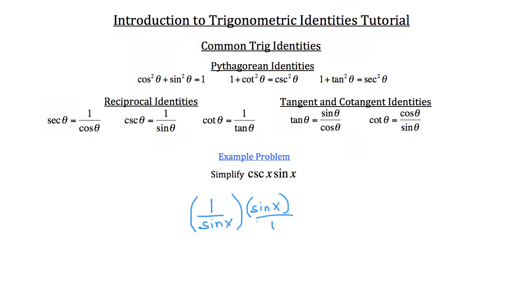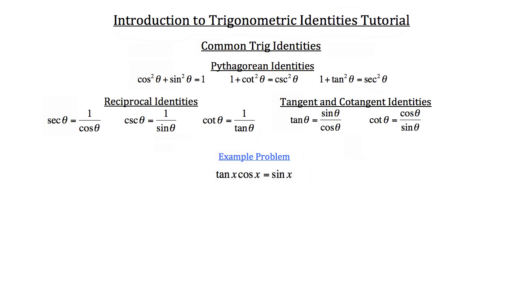So you could write sine of x over 1 if you wanted, and what you'd notice here is if you're multiplying these two, the sine of x is going to cross cancel. So if you simplified this statement, your answer would be 1. Notice how we use the reciprocal identity of the cosecant of theta here, or the cosecant of x, to simplify this problem. Let's take a look at another problem.